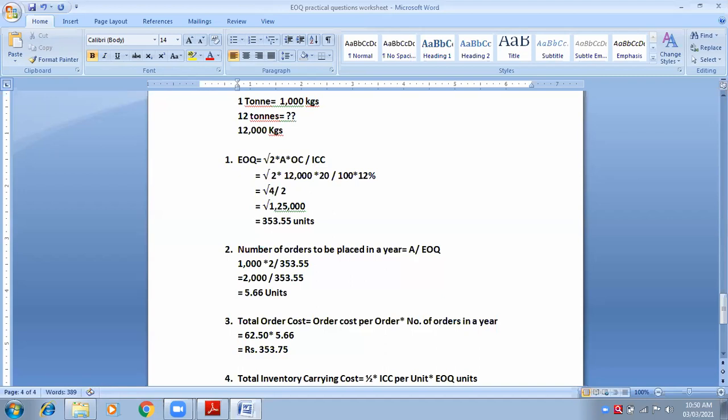The numerator is 4,80,000. How did you find it? 2 into 12,000 into 20, the answer will be 4,80,000, divided by 100 into 12 percentage.